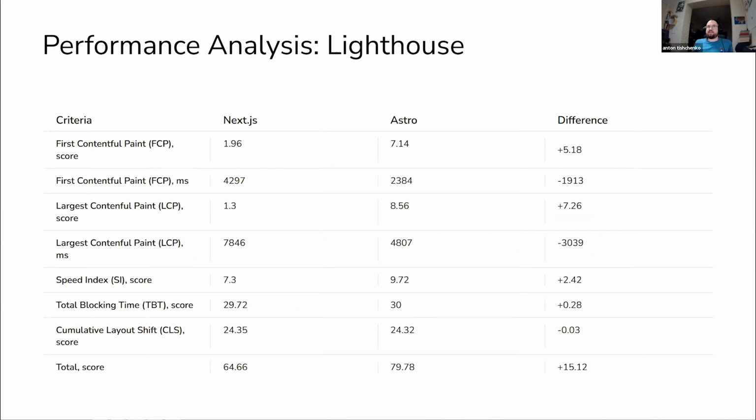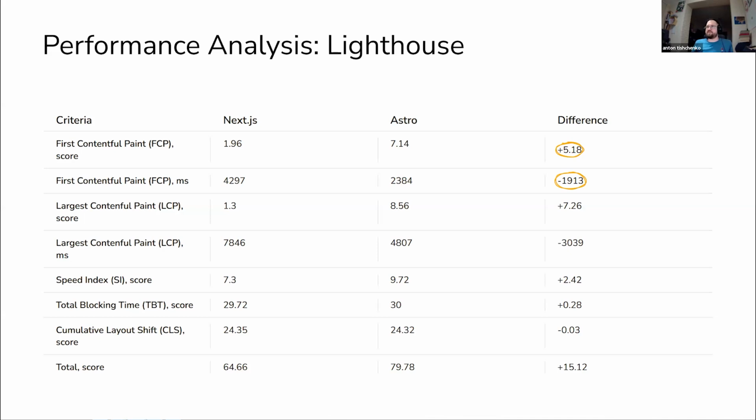The Lighthouse score contains 5 different categories: first contentful paint, largest contentful paint, speed index, total blocking time, and cumulative layout shift. And the biggest improvements are in first contentful paint and largest contentful paint. For first contentful paint, we get plus 5 in score.